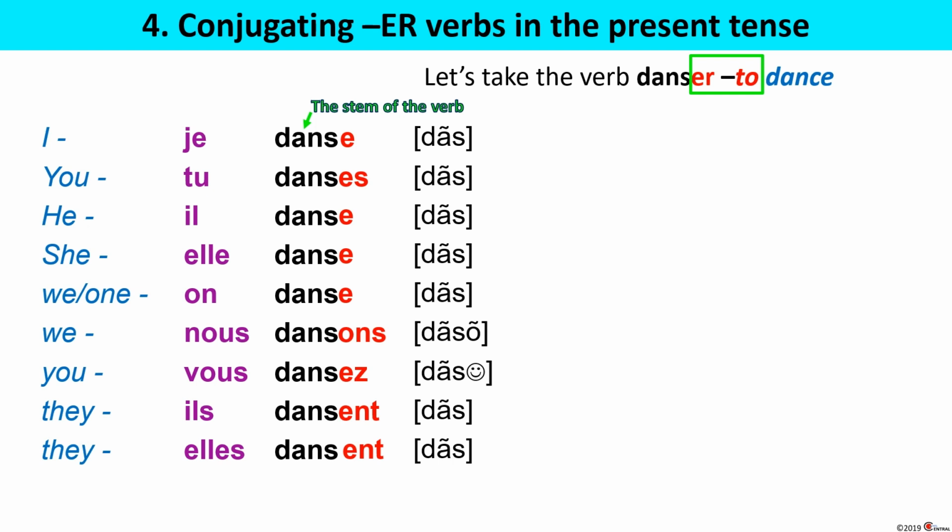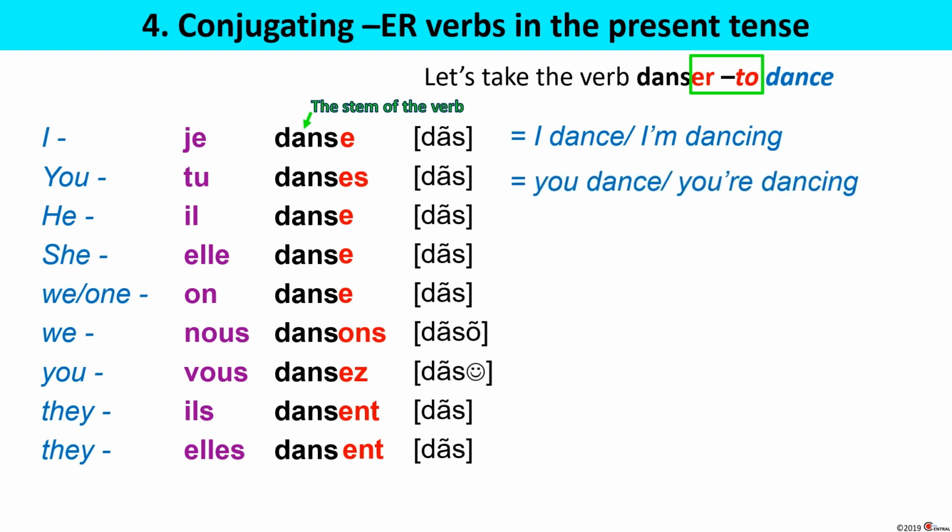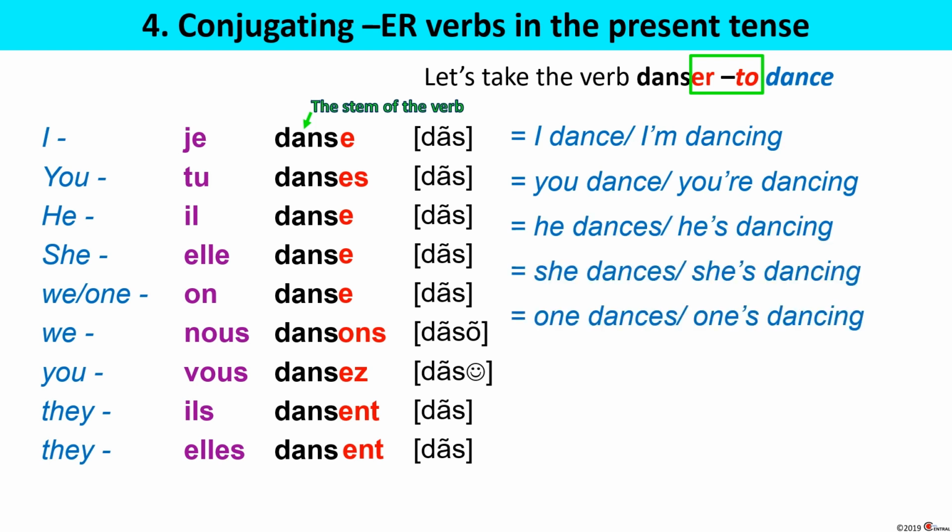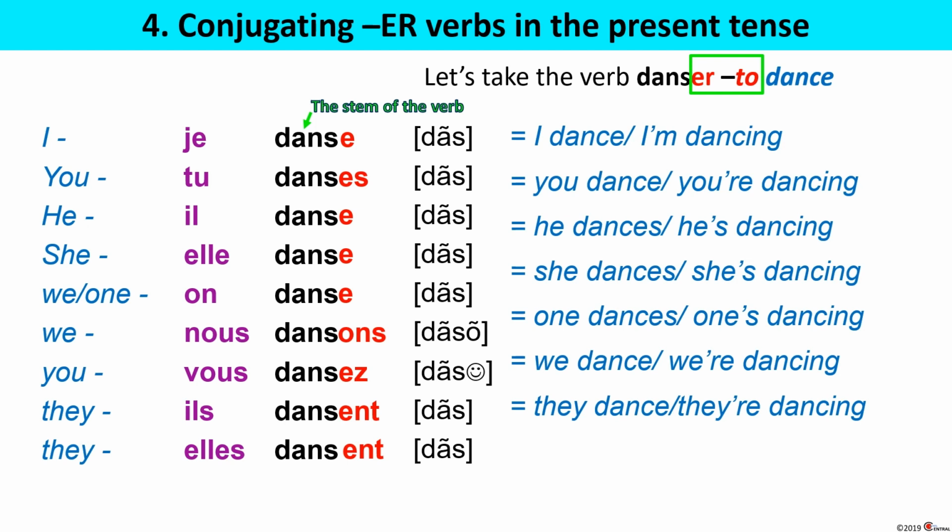So except for nous and vous, all the others sound the same. In terms of translation, remember, it can mean I dance or I'm dancing, you dance, you're dancing, etc. We are always focusing on the simple present.